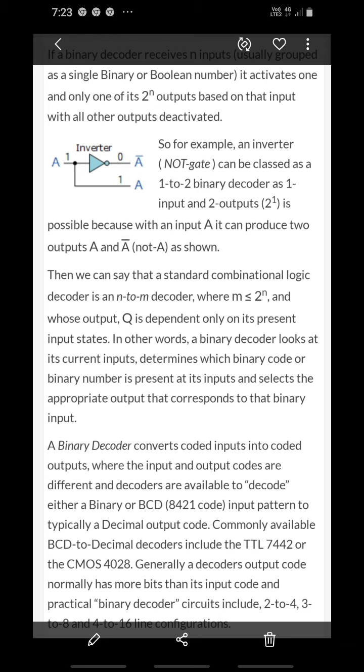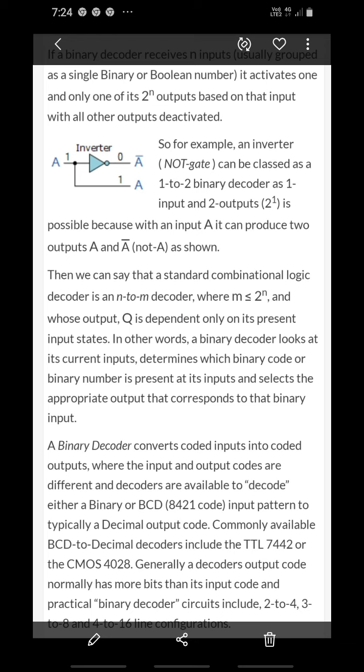Then we can say that a standard combinational logic decoder is an N to M decoder where M is less than or equal to 2 power N, and whose output Q is dependent only on its present input states.